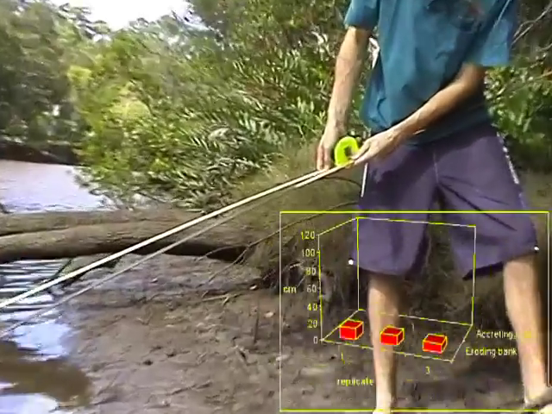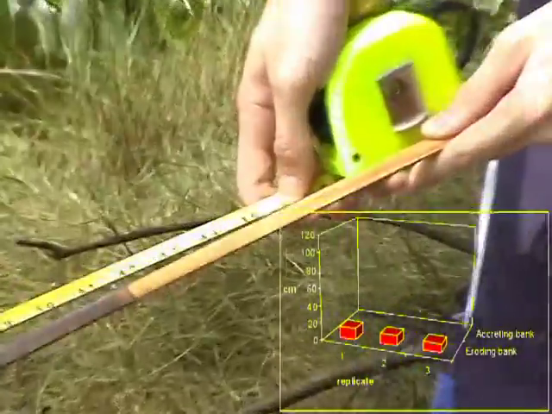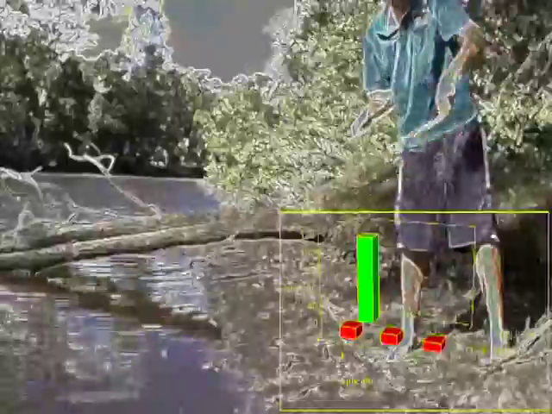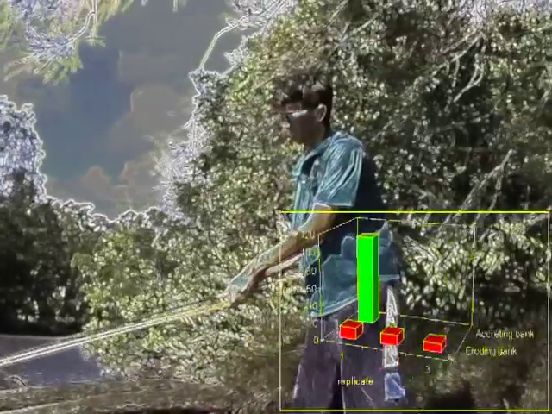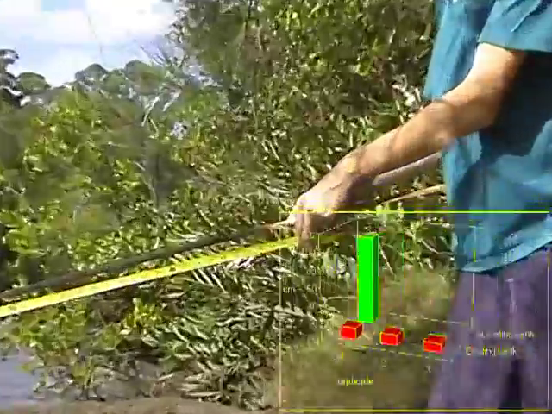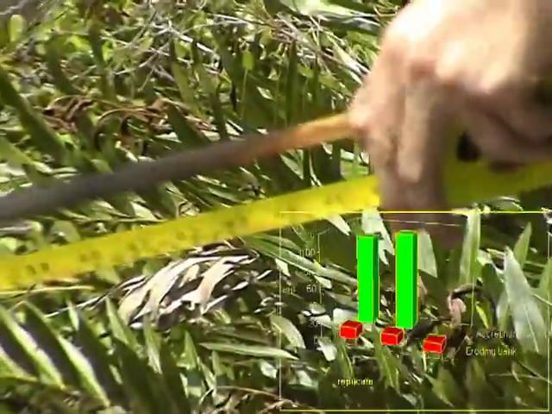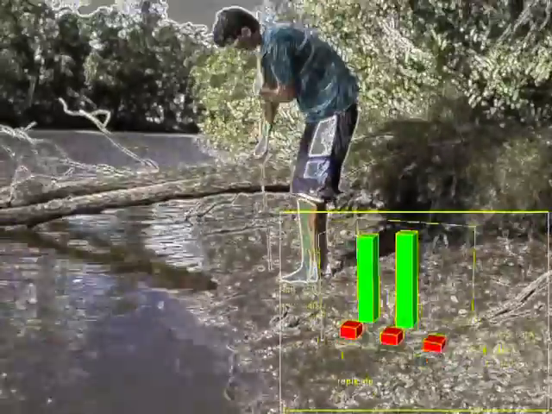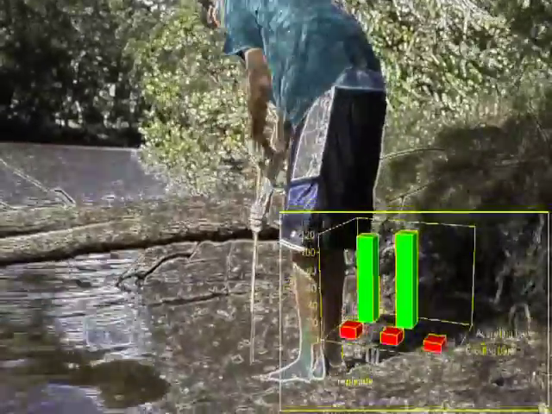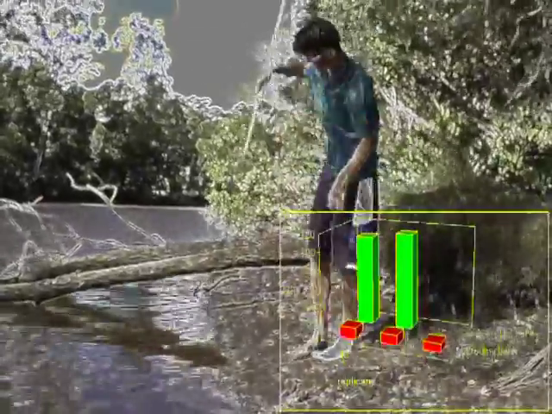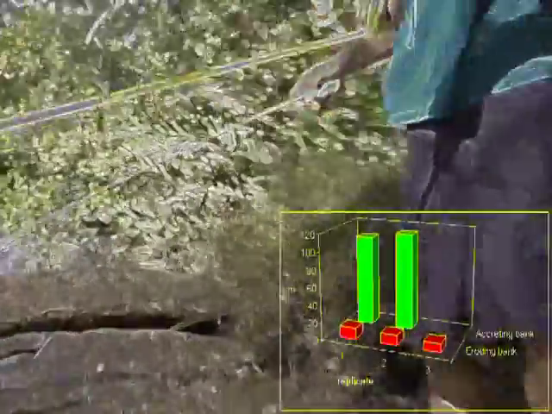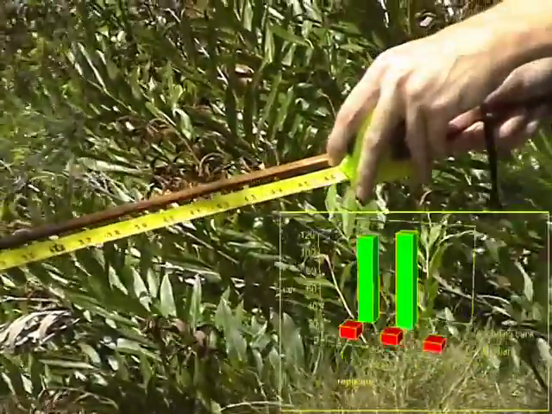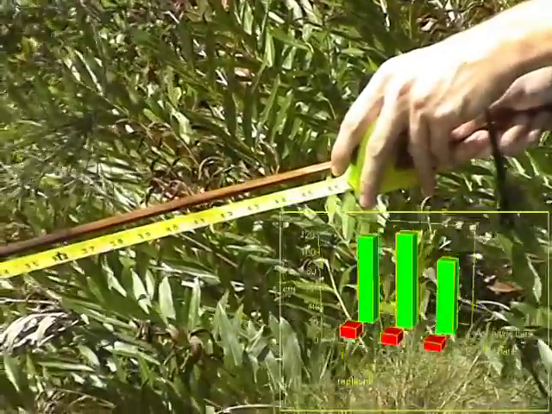The first measurement for the accreting side of the bank was 105 centimeters. Second measurement was 112 centimeters. And my third measurement for the accreting bank was 85 centimeters.